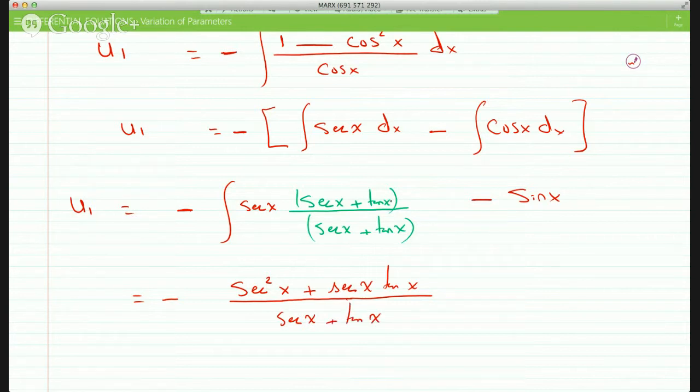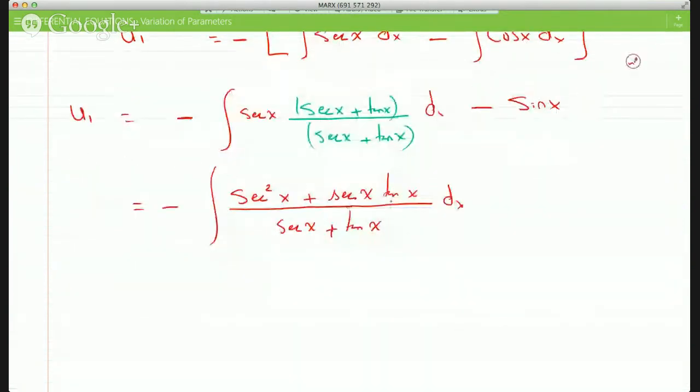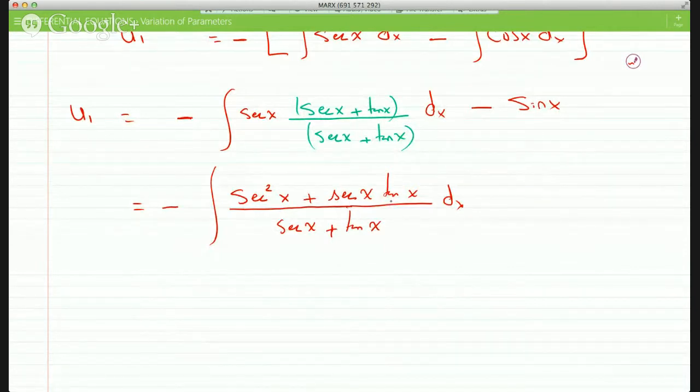Okay, now let me tell you why this is helpful. This is helpful now because there's a dx here. Because when you call secant x plus tan x u, du will be the derivative of secant, which is secant tan, plus the derivative of tan, which is secant squared. So you get exactly the numerator when you do this.